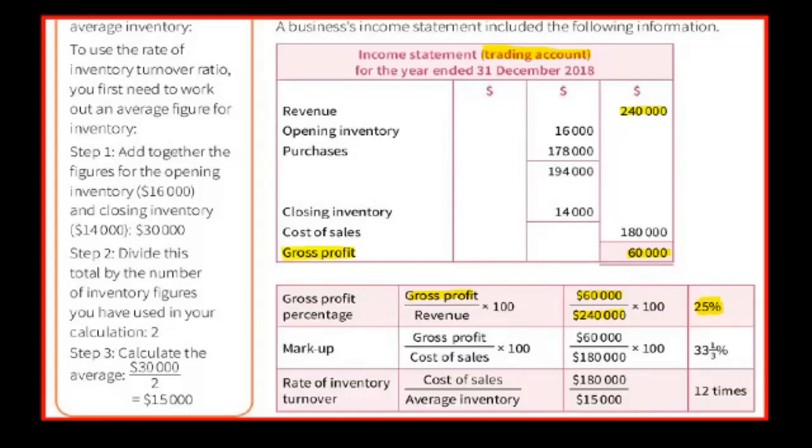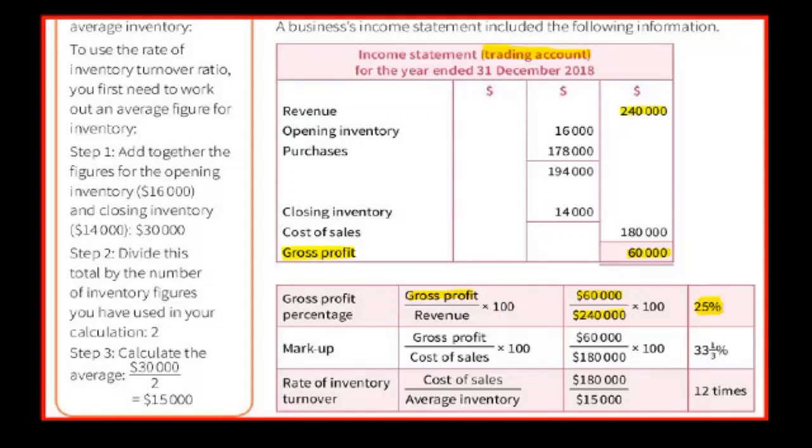So 25% of our sales is profit before other expenses. We can also look at it another way: for every $100 of sales that we make, $25 would be profit before we pay our additional expenses.